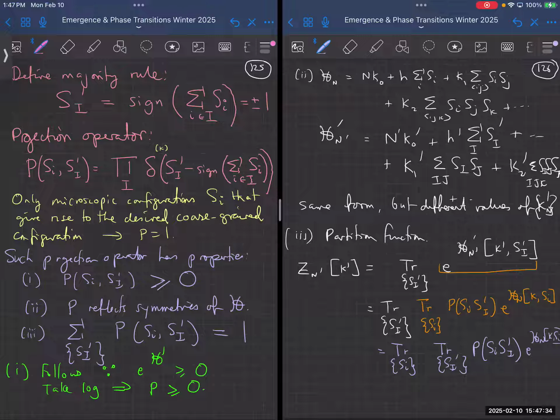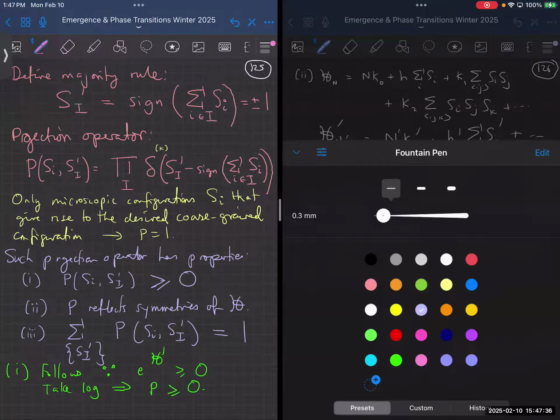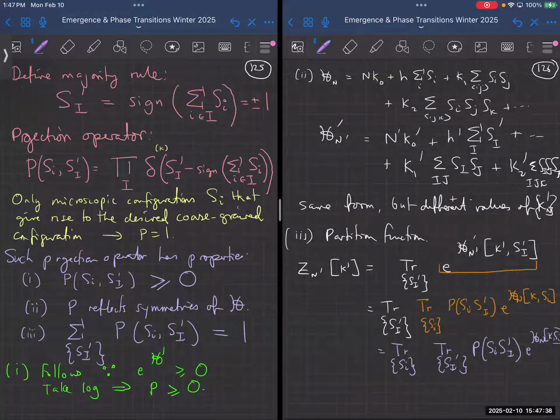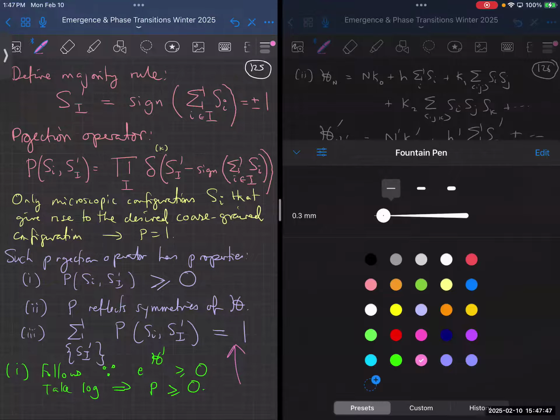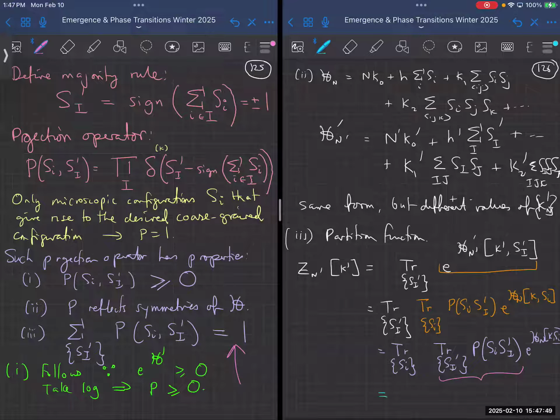And then this thing over here is this third property. And so this is equal to just the trace over s_i of e to the h n, my original Hamiltonian, times 1. And that then is the original Hamiltonian, and therefore the original partition function.